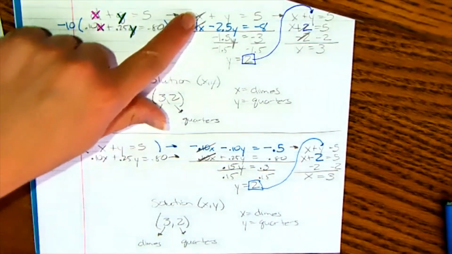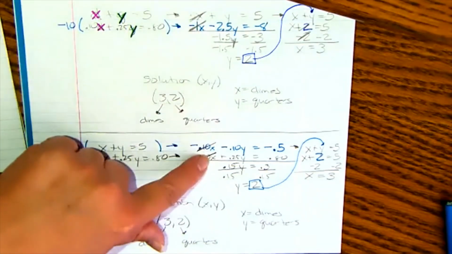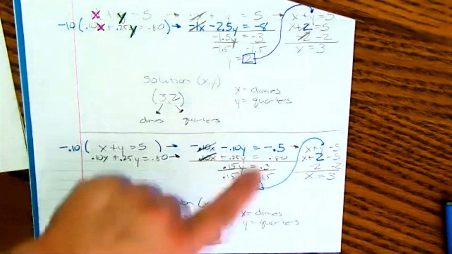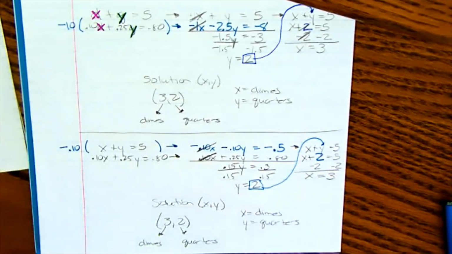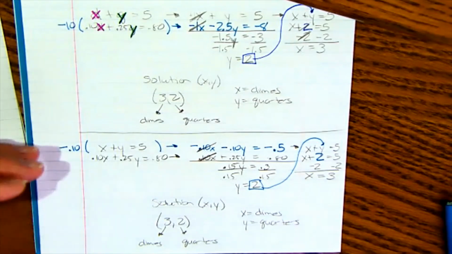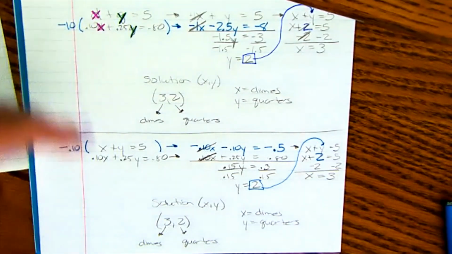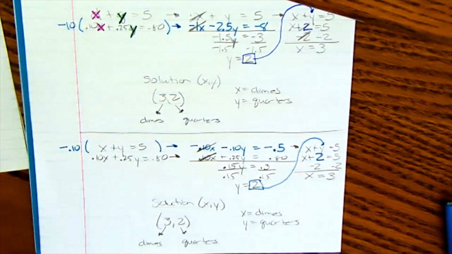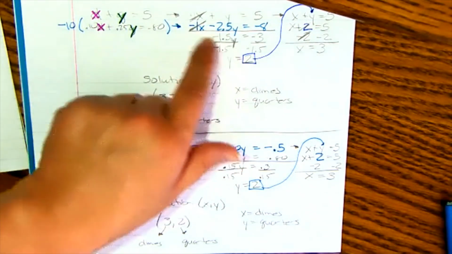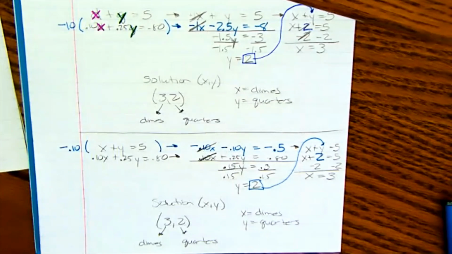Either way, I still had a variable that was eliminated and I still got the same answers. So you can manipulate whichever equation you want, and you can eliminate whichever variable you want. You will still end up with the same answer.